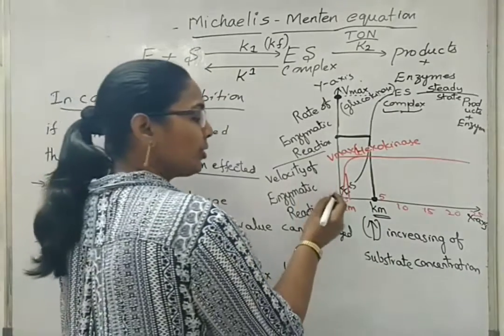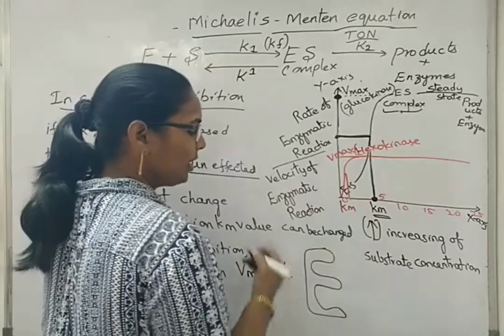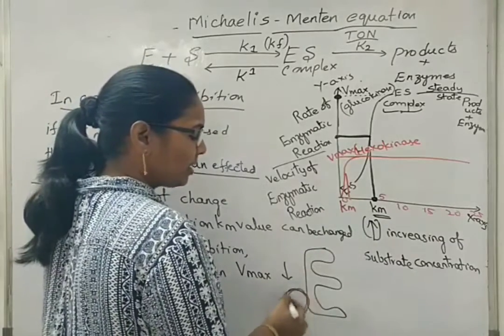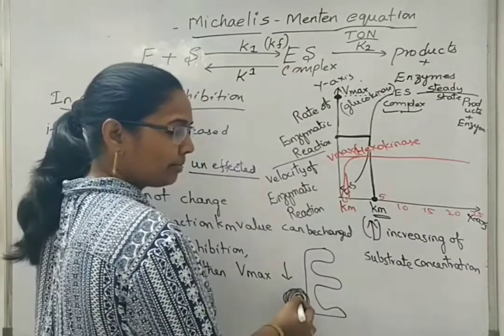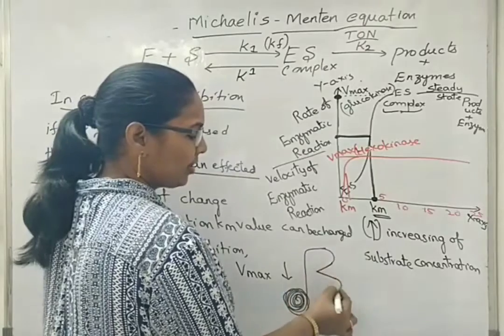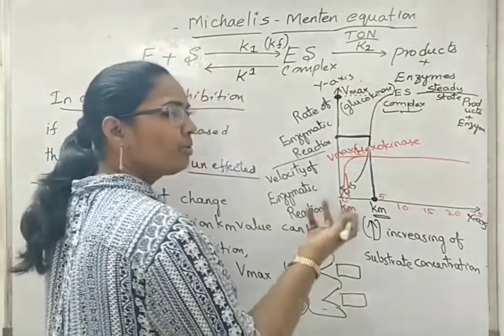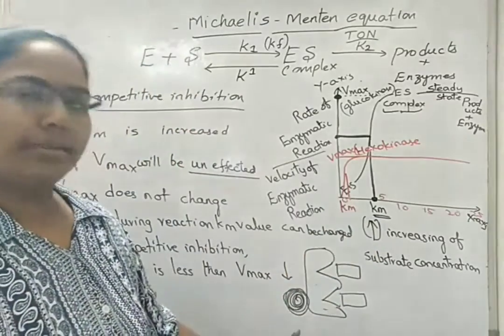Because in case of non-competitive inhibition, if you see the diagram, if you think this is the enzyme, the inhibitor is coming and binding at some other place. So the shape of the active sites is getting disturbed so that suitable substrates will not come and bind there. So the reaction cannot proceed.